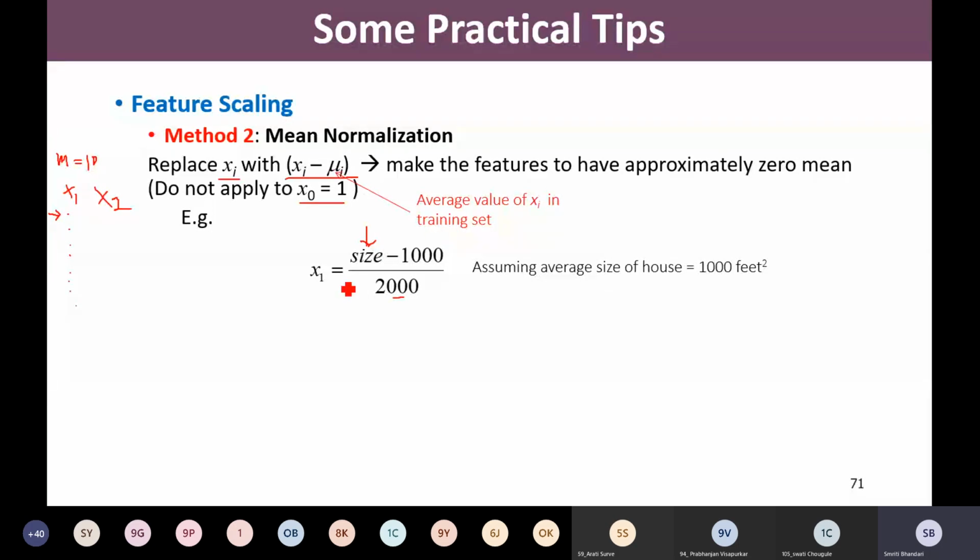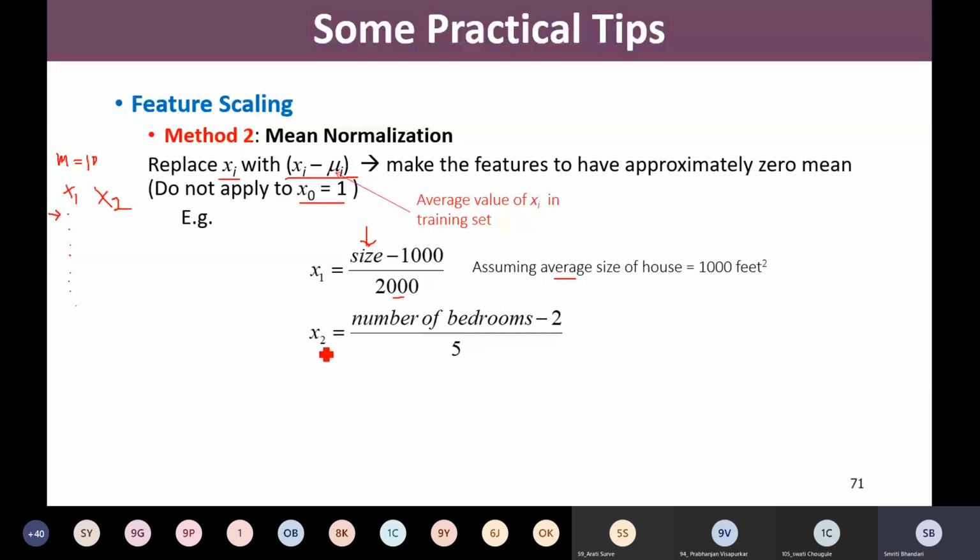So x1 equals size minus 1000, that is the average mu1, divided by the maximum value in the range. This is the other method known as mean normalization: the feature value minus the mean, divided by the maximum value of that feature. So this is another method for feature scaling.